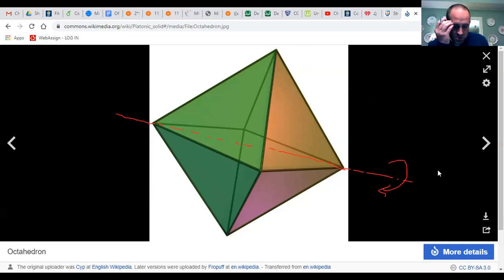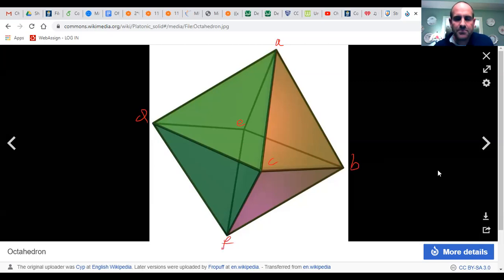So maybe I'll label some of these. I'll label the vertex up here A. Let's say this is B, C, D, and the back one is E. And let's do F at the bottom.